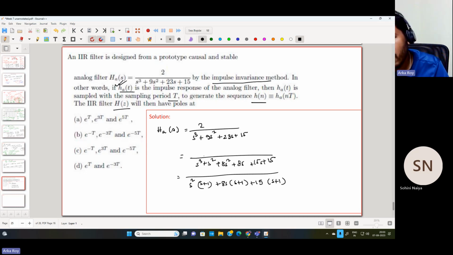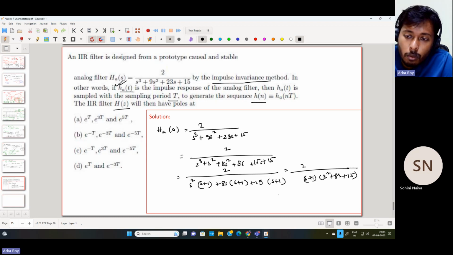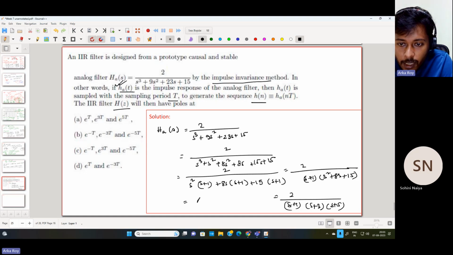So if we sum this all up, we will get the same representation. So this is 2 divided by s plus 1, s square plus 8s plus 15, and 3 cross 5 is 15. So this will effectively be s plus 1, s plus 3, s plus 5. So I can write it as A by s plus 1, B by s plus 3, and C by s plus 5.